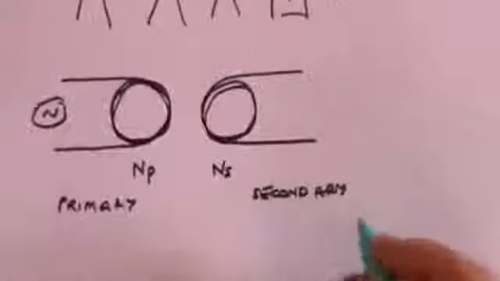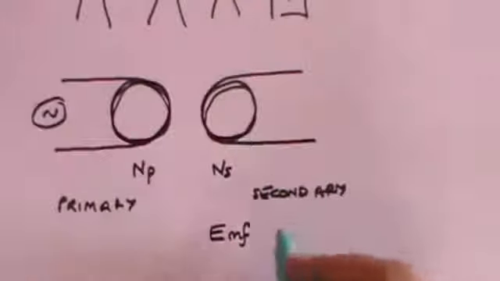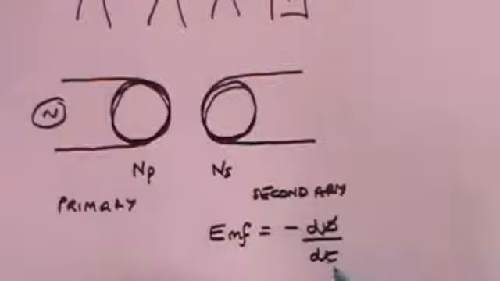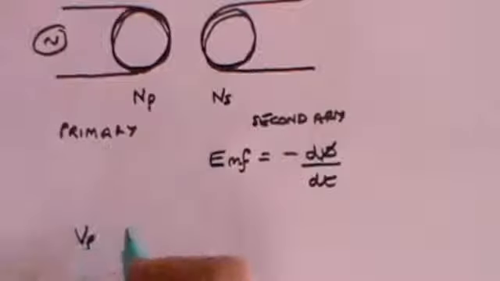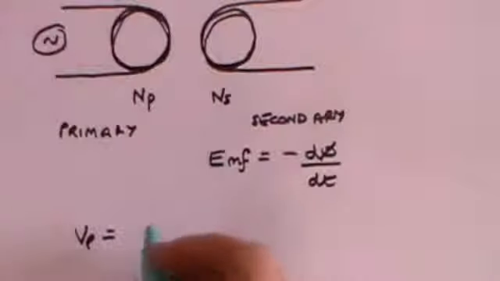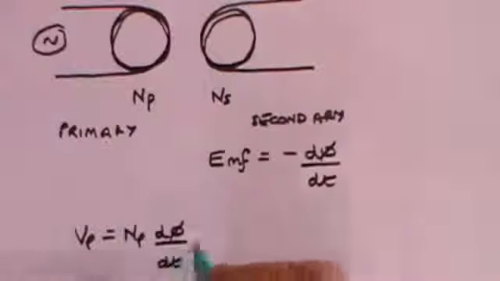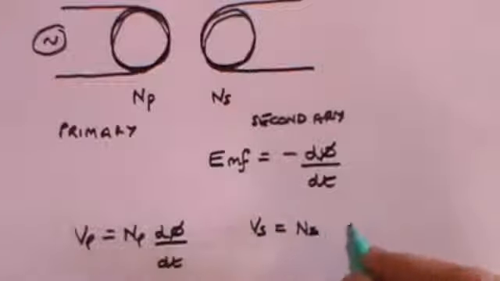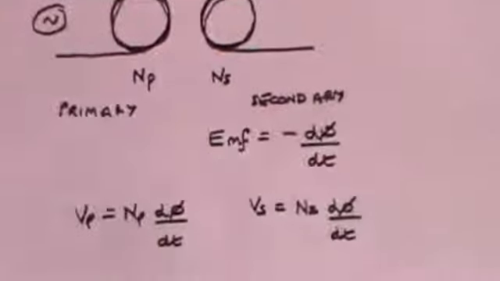And we know that the EMF, at any rate, in the secondary, the induced EMF, is equal to minus dφ by dt, where dφ by dt is the rate of change of flux. And what we have shown before is that the voltage in the primary is equal to the number of turns in the primary times the rate of change of flux, and that the voltage in the secondary is equal to the number of turns in the secondary times the same rate of change of flux.